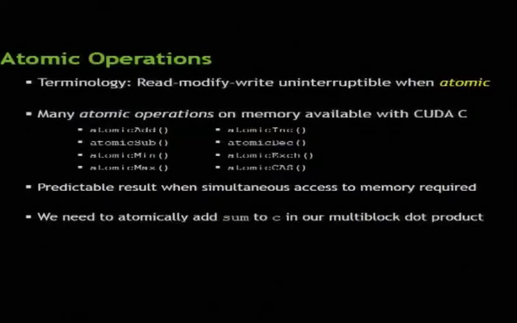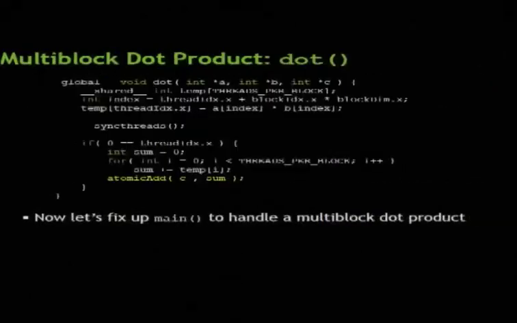And so basically in this example, we're going to add that sum up from all the different blocks using an atomic operation, the atomic add, and that's what we do here instead of just that straight write back to memory. We went through this, we'll review it again in a minute, but that essentially gives you your multi-block dot product.